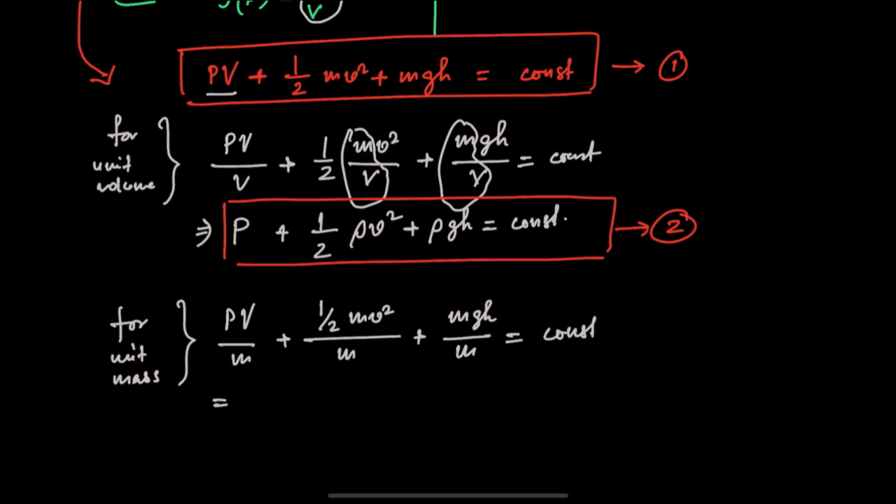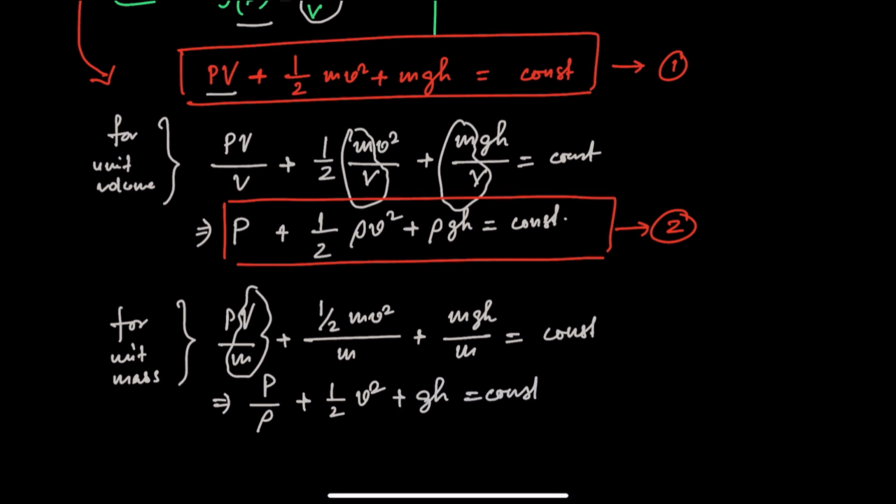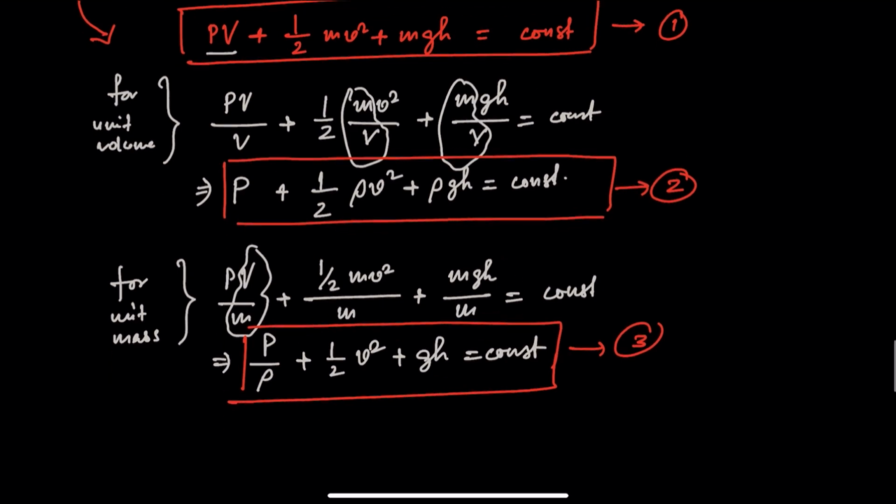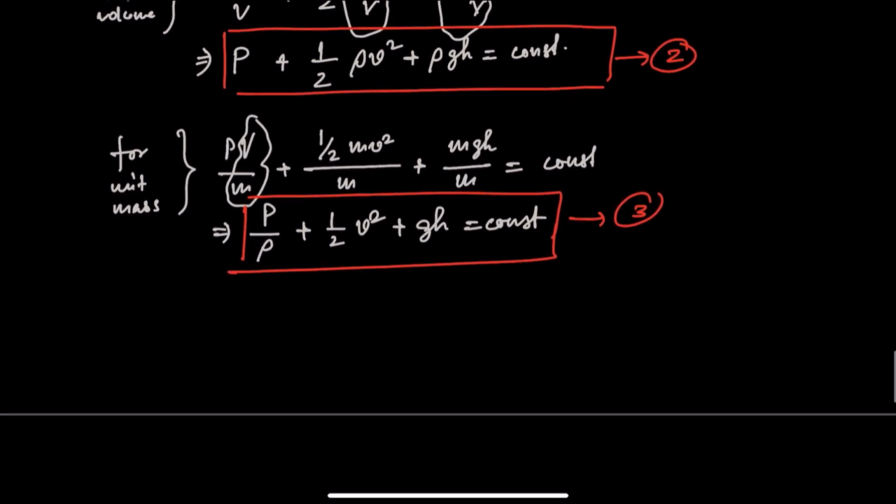Since m by V is rho, V by m is 1 by rho, so that becomes P by rho plus half v square plus gh is equal to constant. That is another form of Bernoulli's principle.